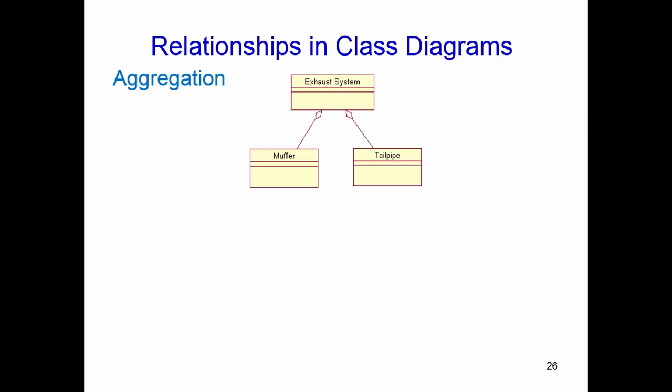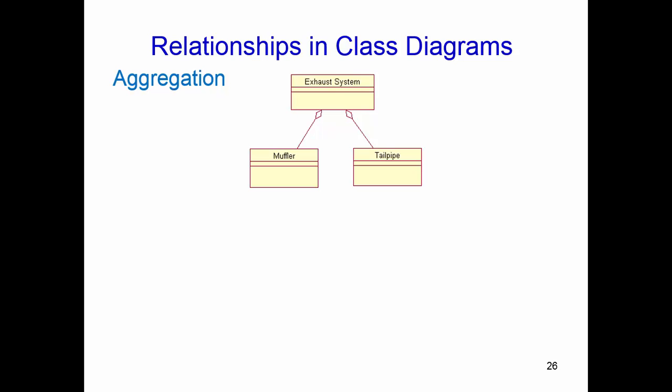Aggregation is important for your description. This is ideally what you're going to use to represent the components of your subsystem or your system. This line with a diamond at the top represents that you have parts that together create the class at the top. The exhaust system will have a muffler and a tailpipe.